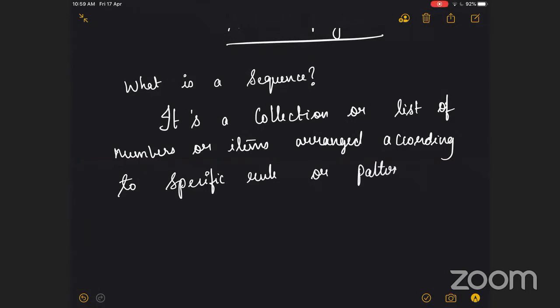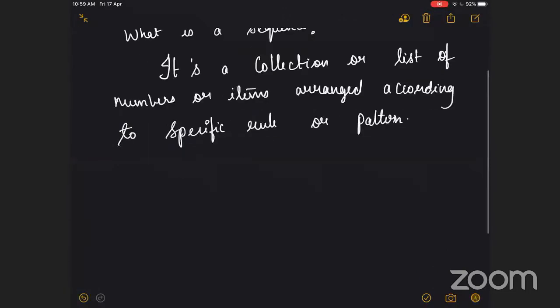So what does this mean? For example, if we take a group of numbers like 1, 1, 1, 1, 1, and so on, can you guess what the next number would be?